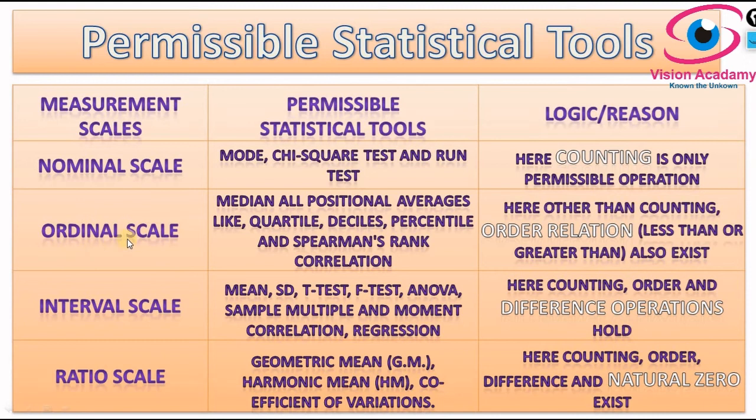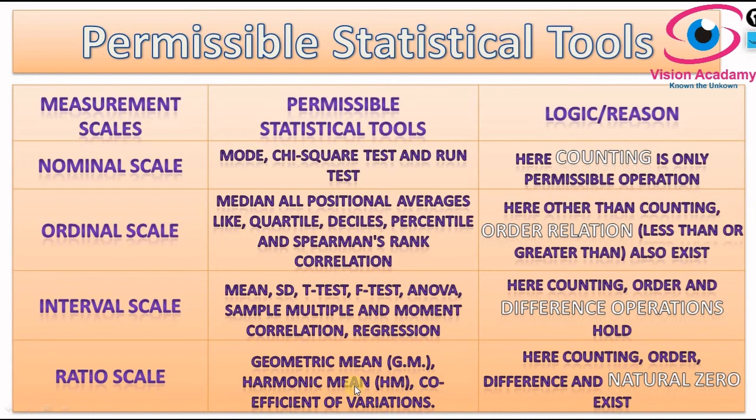The statistical tools permissible in ordinal scales are also permissible in interval scales. In interval scales, along with these statistical tools, ordinal scale and nominal scale statistical tools are also permissible. If you take the example of ratio scales, along with harmonic mean, geometric mean and coefficient of variance, all other statistical tools of nominal scale, ordinal scale, interval scale are also permissible.